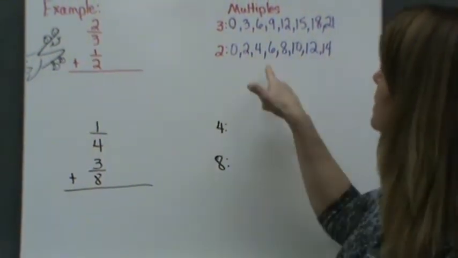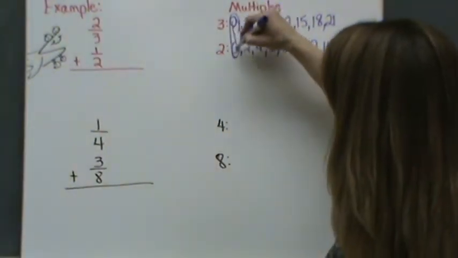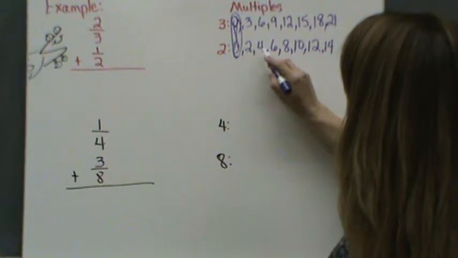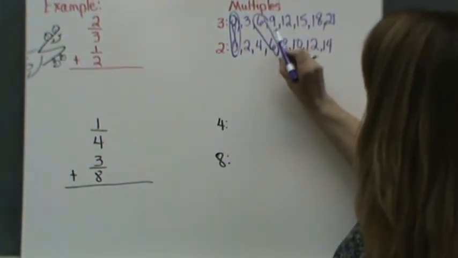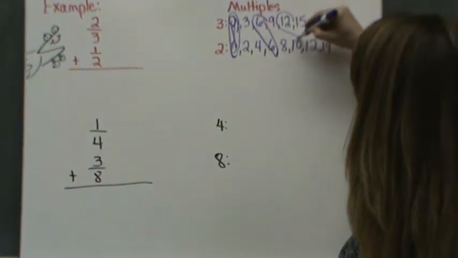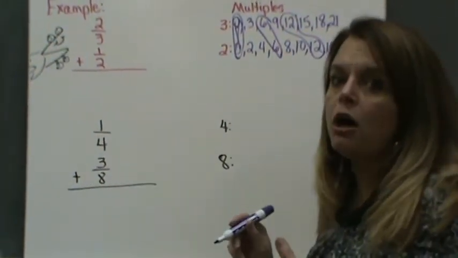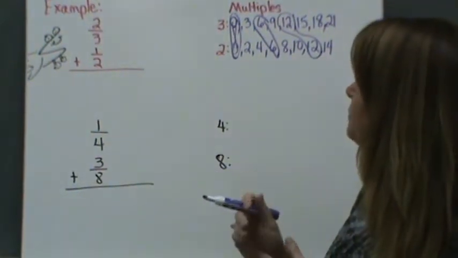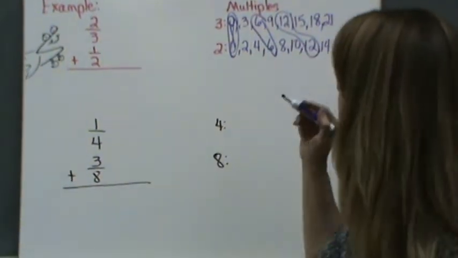Alright, so the first thing I can do is find all of my common multiples. Well, we know 0, but we know we can't use it. 2, 4, they both have 6, 9, they both have 12. Okay, so those are my common multiples. My common multiples of 3 and 2 are 0, 6, 12, and there are probably some more if I were to go on out.